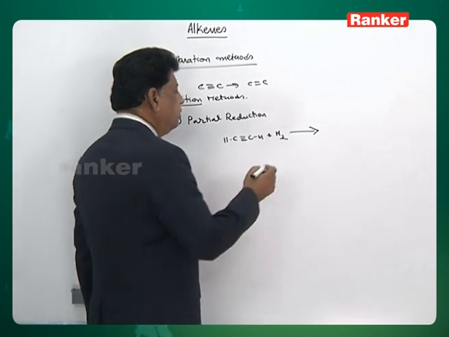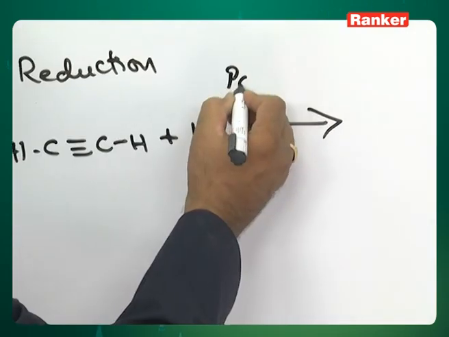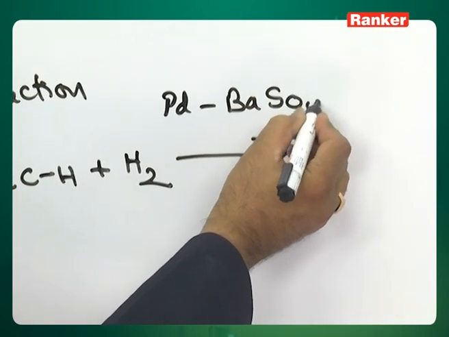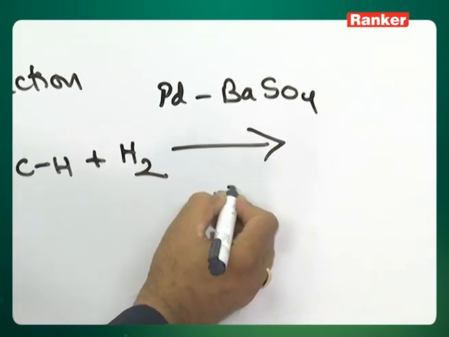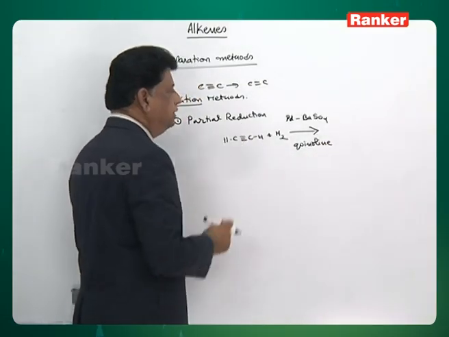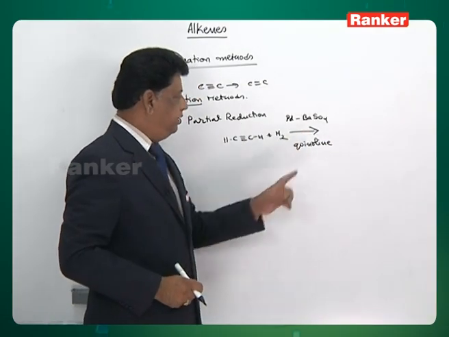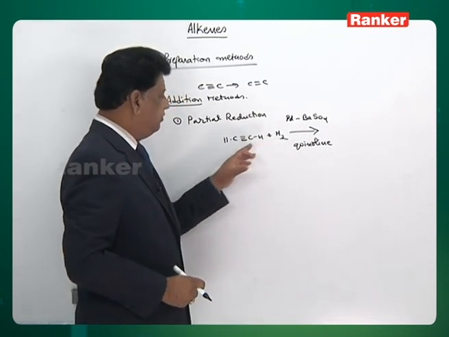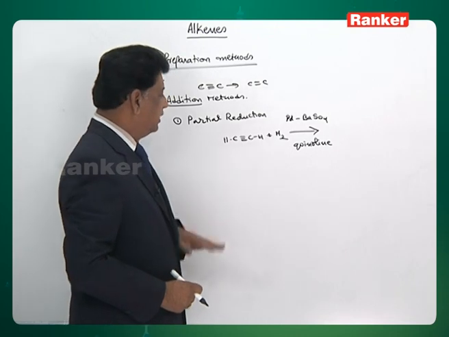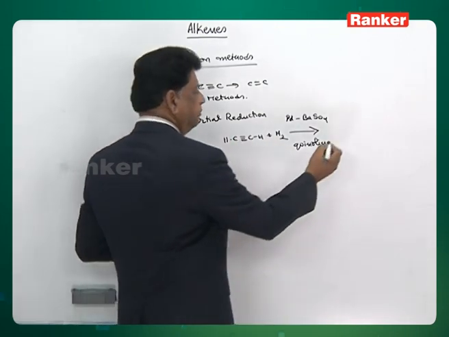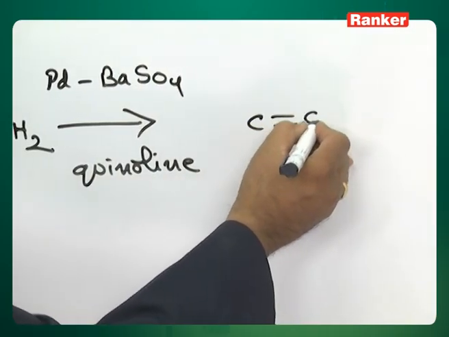Instead, you take the palladium catalyst over barium sulfate, and an organic compound quinoline is used as a solvent. Both the sulfur present in the barium sulfate and the quinoline will control the hydrogenation to some extent, and therefore only one step of addition takes place, you will get the double bonded compound, that is all.